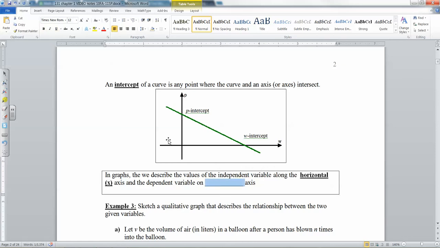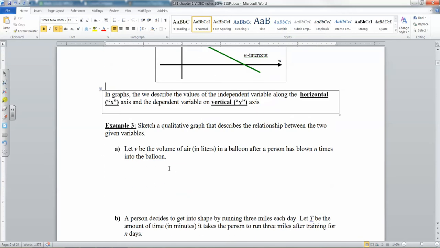You put your independent variable down there, and then you put your dependent on the vertical or the y-axis, which is this one right here. So in this case, it's the p-axis. So I guess if I was going to do this correctly, I should put these in quotes, because it's not always the y. It's whatever letter they give you. Sometimes it's x and y. A lot of the time in an algebra class, it's x and y, but it doesn't have to be.